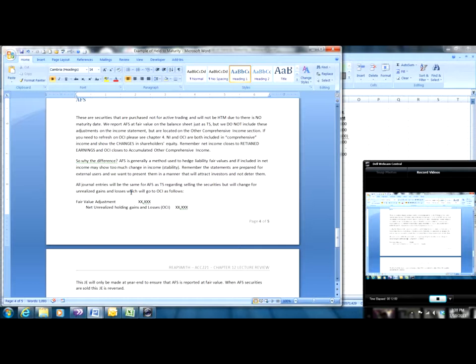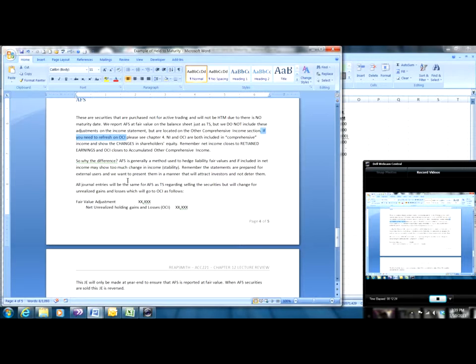So AFS is not included in net income. Okay, so here, close attention. If you need to refresh on other comprehensive income, go to chapter 4. That is the chapter that has an explanation of what that is. Net income and other comprehensive income are both included in the comprehensive income statement and show the changes in shareholders' equity.